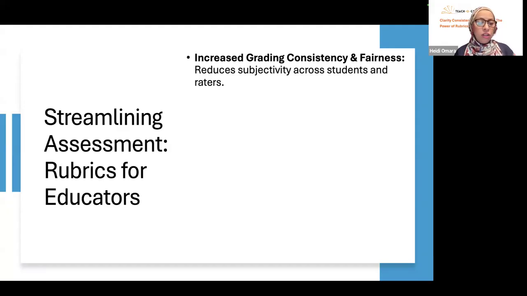Is it because you don't like his handwriting? Is it because he used some wrong vocabulary? Subjectivity in writing and in speaking, because these are the two productive skills, really impedes students' learning. So to overcome this, rubrics are the solution.